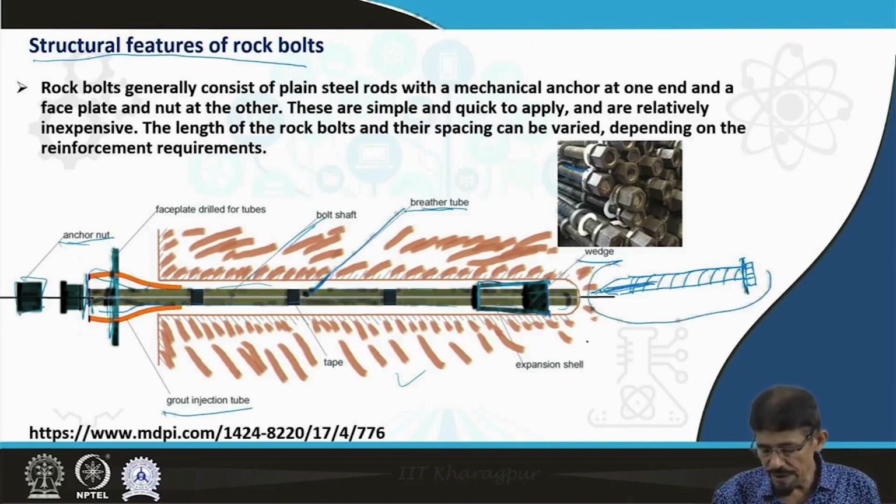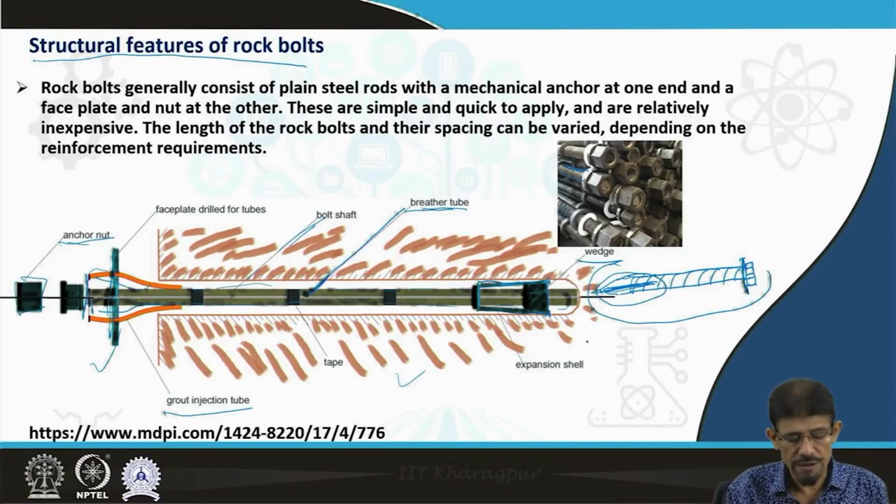This part we are going to utilize for anchoring of strata when we insert it. In case of the tube, we are going to inject grouts and others, and this type of bolt we are going to utilize as a grout anchored rock bolt.